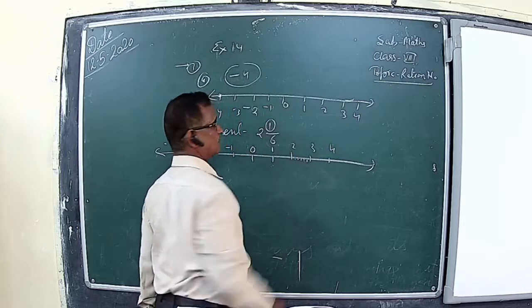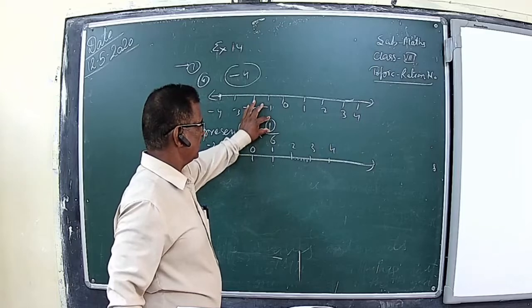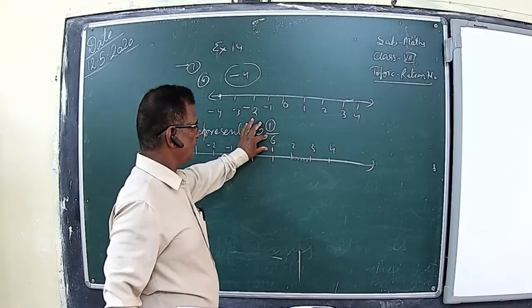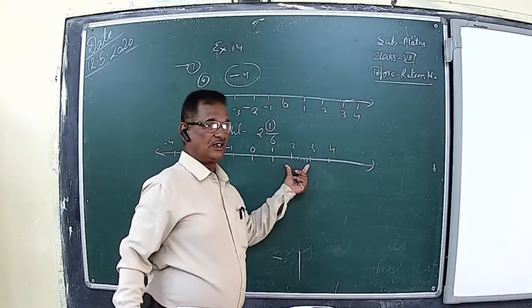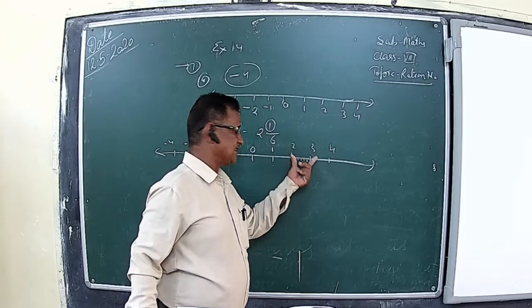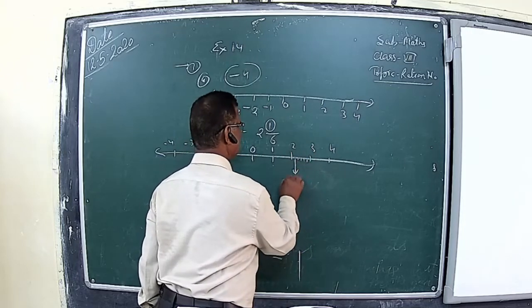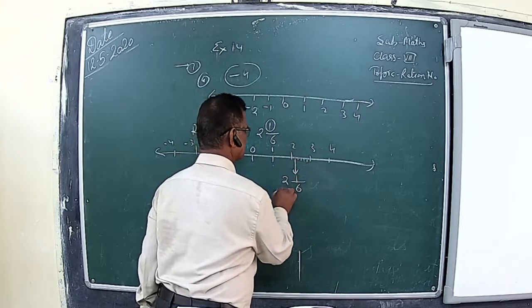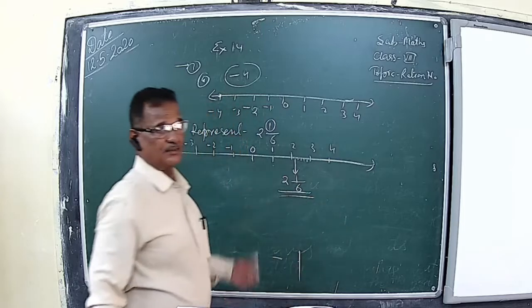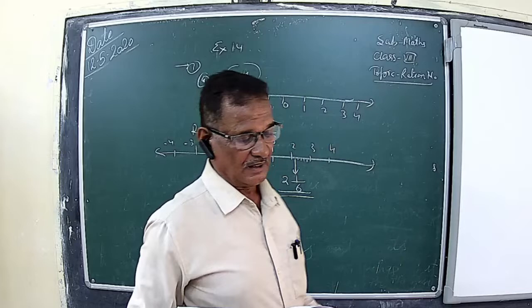Here the numerator is 1, this is the whole number, and the denominator is 6. So you divide the distance between 2 and 3 into as many equal parts as the denominator and take one part. This part represents 2 whole 1 upon 6. This way you can represent any rational number on the number line.